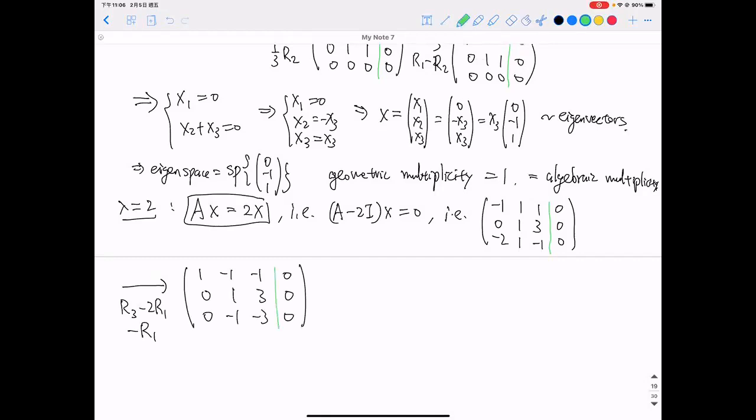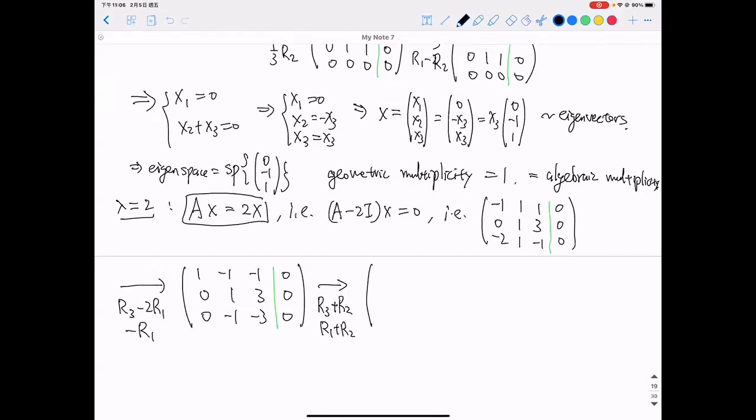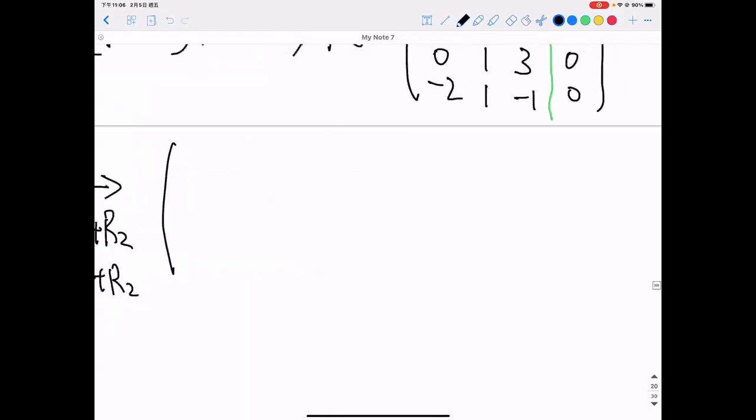Now you see that the third row and the second row differ by a sign. So R3 plus R2 would cancel R3. Also R1 plus R2 would get rid of the minus 1 in the second entry in the first row. So let's see.